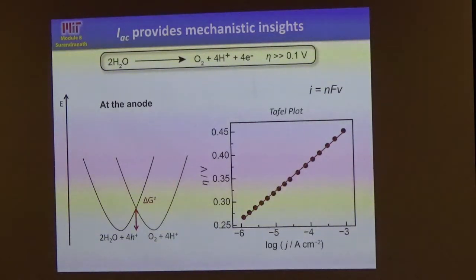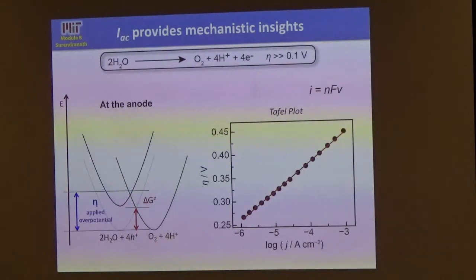So what Marcus theory relates to is that for any electron transfer reaction, the barrier to that reaction can be described by the intersection of two parabolas. And the intersection point relative to the bottom of these parabolas is going to give you the barrier to the reactions. As you increase the overpotential, what you're essentially doing is changing the energy of one of the reactants, and some fraction of that overpotential is going into lowering the activation barrier for the reaction.